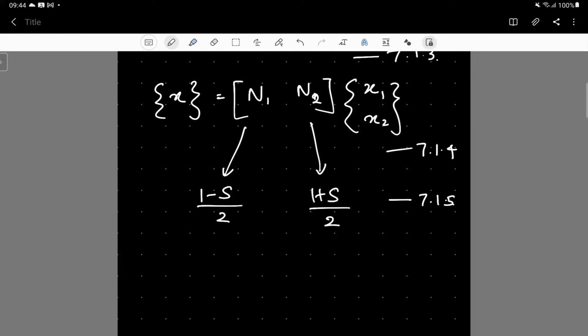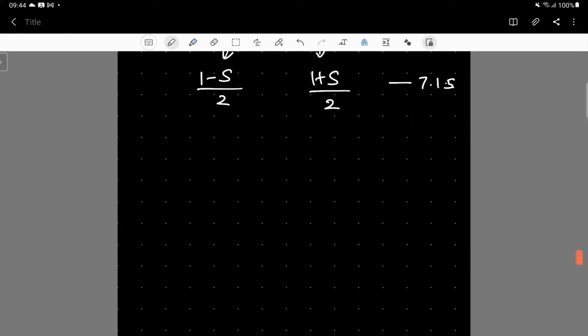So just to get an idea, let's try to see how these shape functions vary within the natural coordinates. Let's try to plot the shape function n1 using the natural coordinate system.